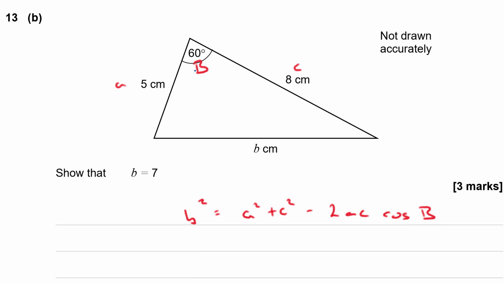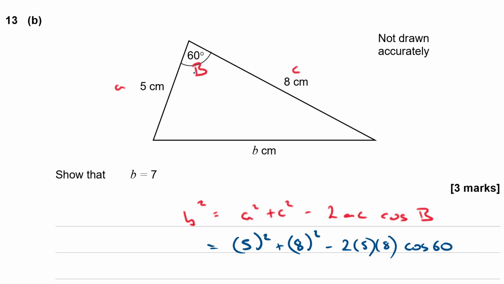So b squared equals a squared plus c squared minus 2ac cos b. We can now sub into that all the values that we know. So a is 5, so 5 squared. C is 8, so 8 squared minus 2 lots of 5 lots of 8 times cos b, cos 60. So 5 squared is 25, 8 squared is 64, subtract 2 times 5 times 8, 2 5s are 10 times 8 is 80.